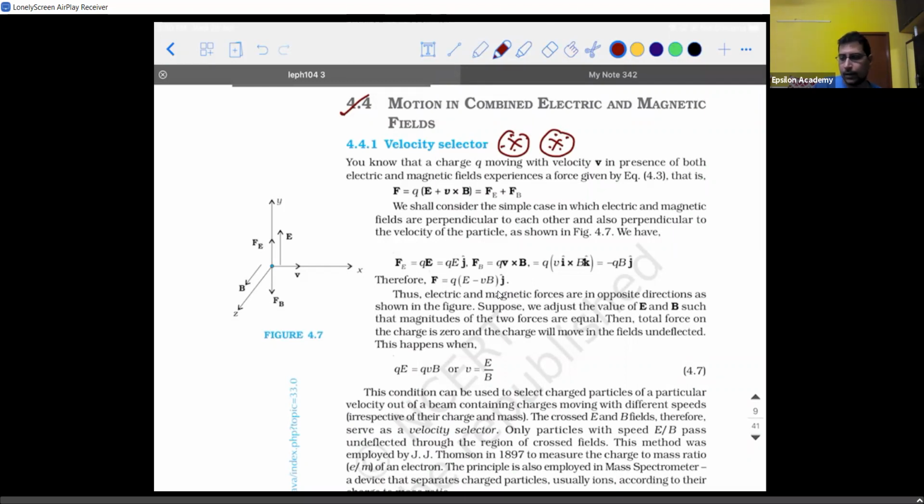Okay. So here the question is, if they give you electric field and magnetic field mutually perpendicular to each other, then you need to choose a particular velocity and direction and project the charged particle into this combined, crossed electric and magnetic field in such a way that the particle should move undeviated.